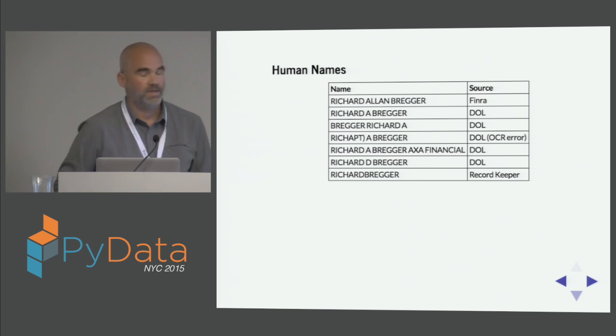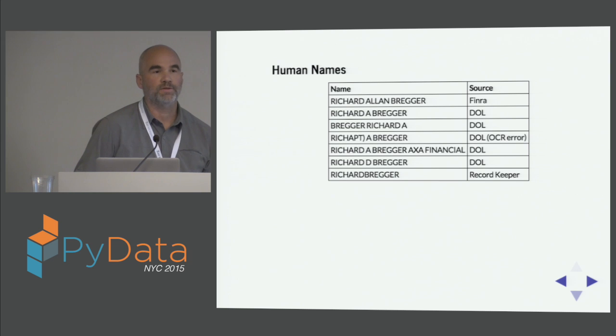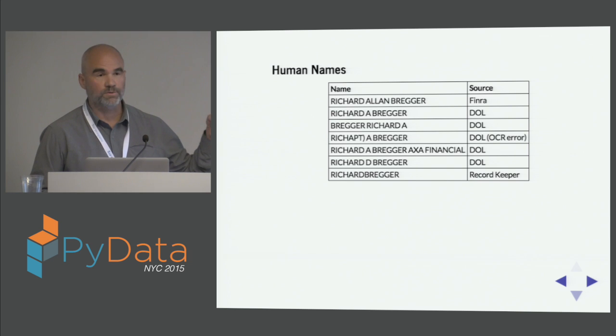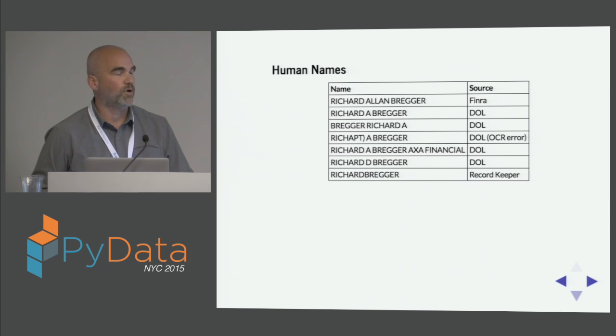Human names. Human names are among the more tricky things to match. I don't have any human names in my test data, so I took some examples from some financial advisor data. This is actual data taken from actual Department of Labor and other data sources. And these all do refer to the same guy.